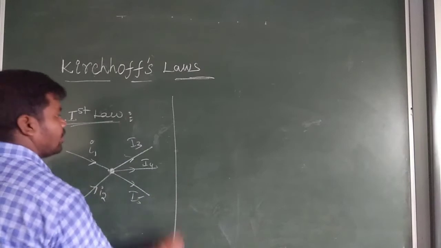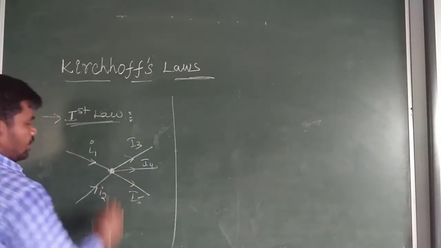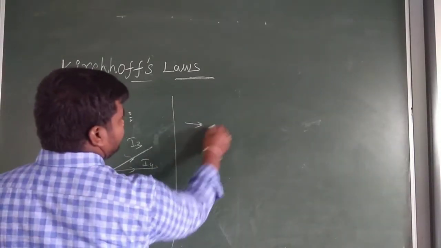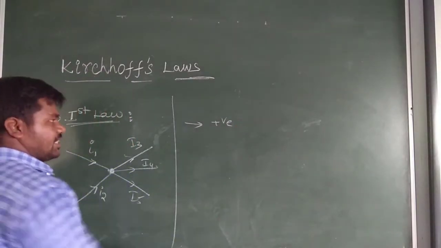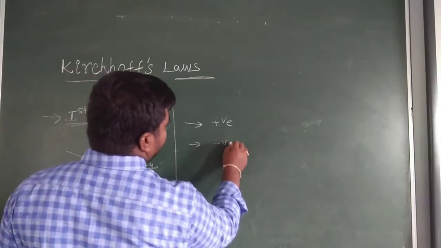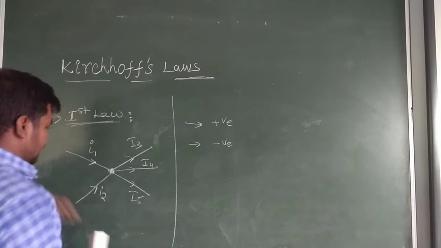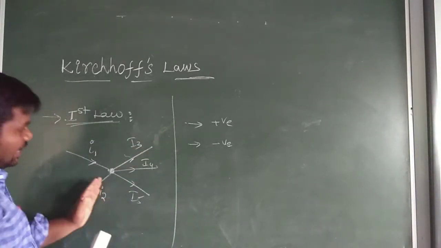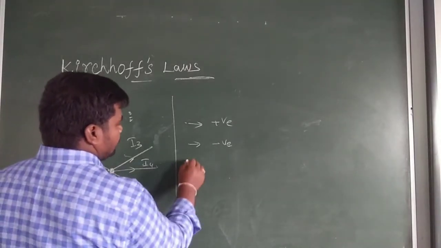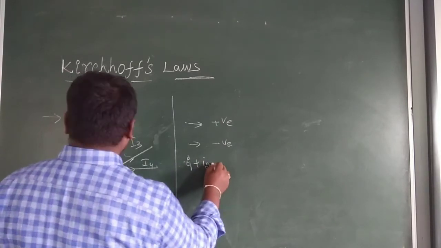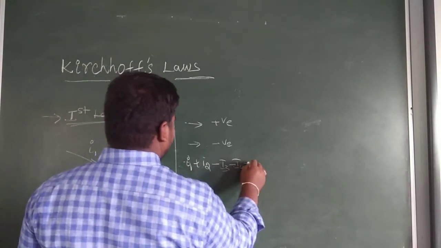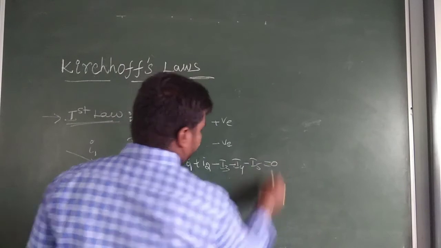Here, the current entering the junction we take as positive, and the current leaving the junction we take as negative. According to that, I1 plus I2 minus I3 minus I4 minus I5 is equal to 0.